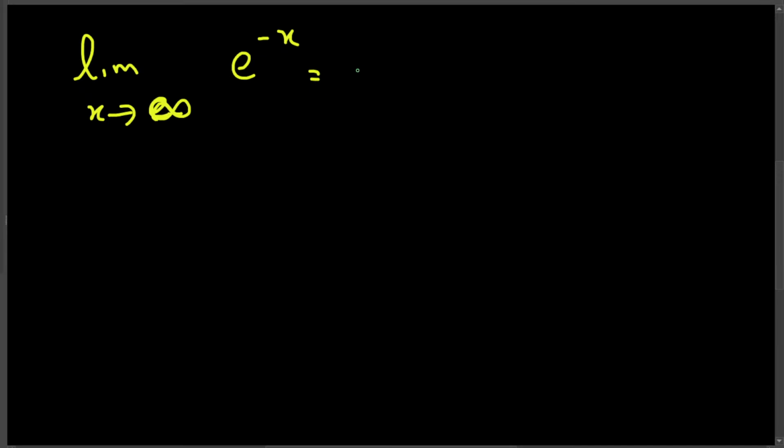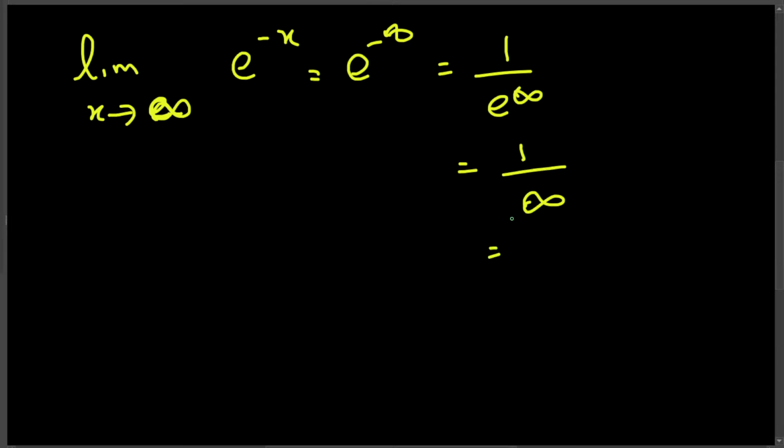If we do that, this is going to be e power negative infinity. Then e power negative infinity is equal to 1 over e power infinity. E power infinity is still infinity because it's going to be a very large number. Therefore, if you divide 1 by infinity, you are dividing 1 by a very large number, so that's going to be 0. So the answer for this one is 0.